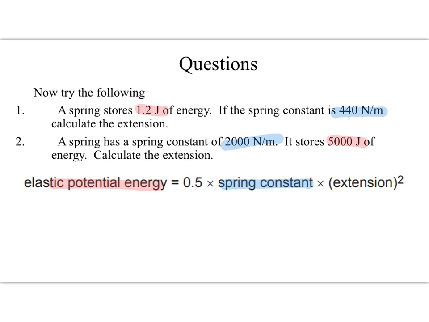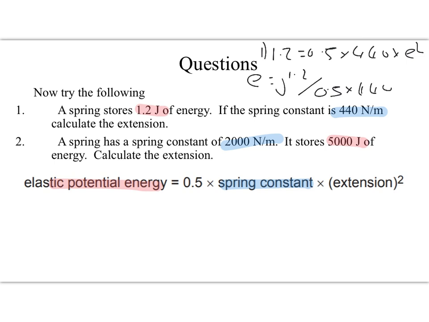So for the first one, we'd end up with 1.2 would equal 0.5 times 440 times E squared. Rearranging that, you should get that E is equal to 1.2 over 0.5 times 440 square rooted.